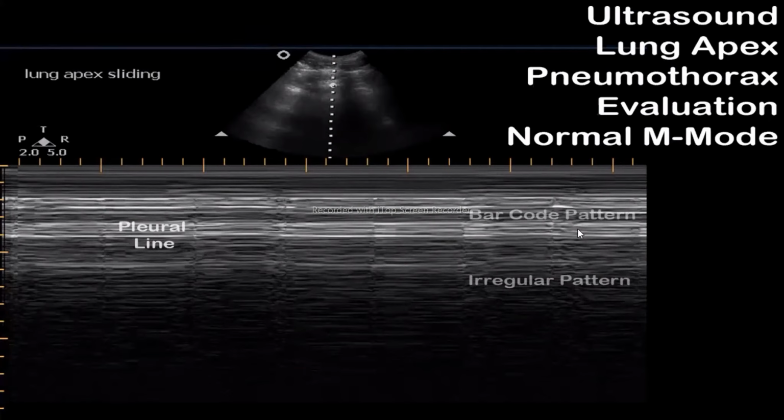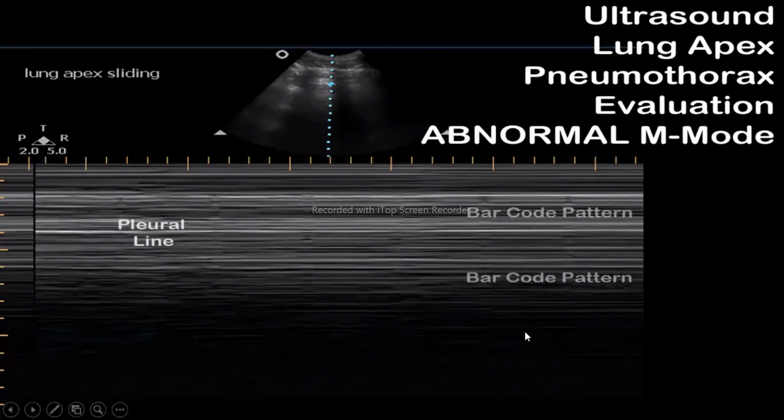Irregular pattern, barcode pattern. This slide is normal. Can you see barcode? Yes. This one from here up to here, barcode. But this one irregular pattern is different.